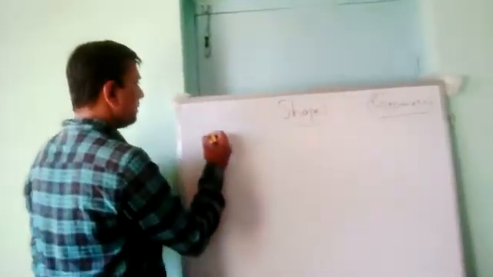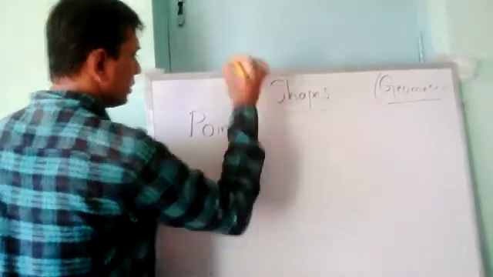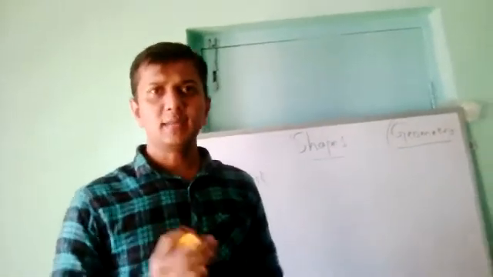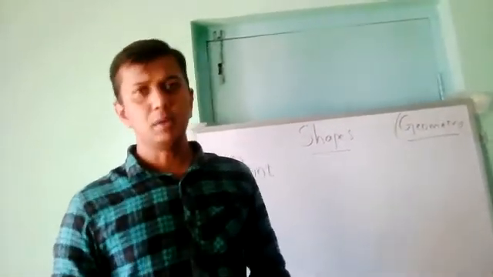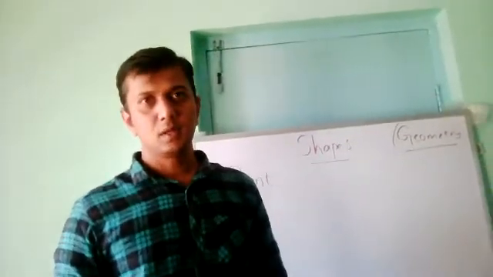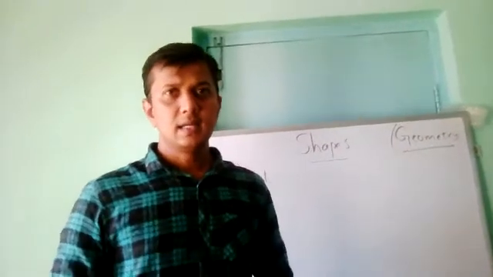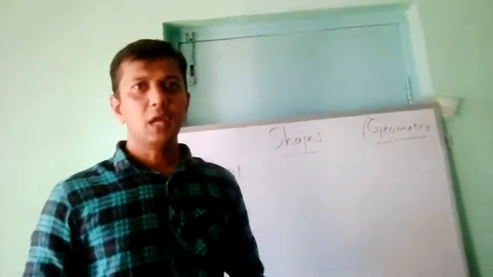Now first of all, let us learn what is a point. What does a point indicate? For example, you search some location in your Google Maps. You want to go to Bangalore. When you search, it will locate a particular location.